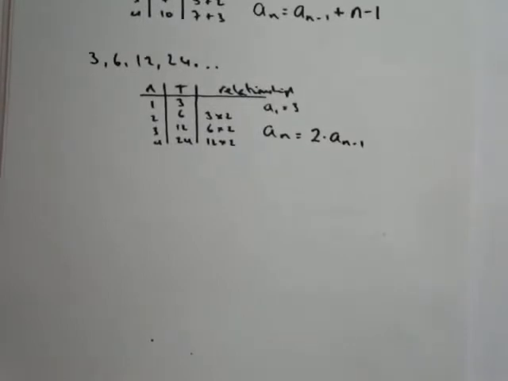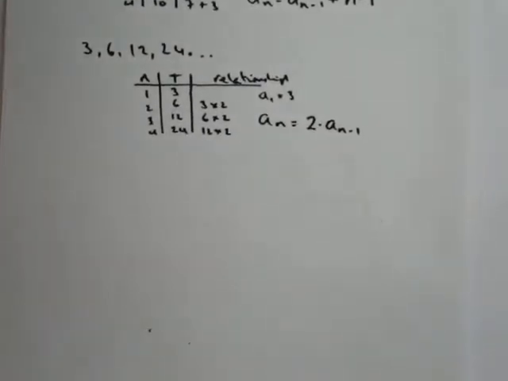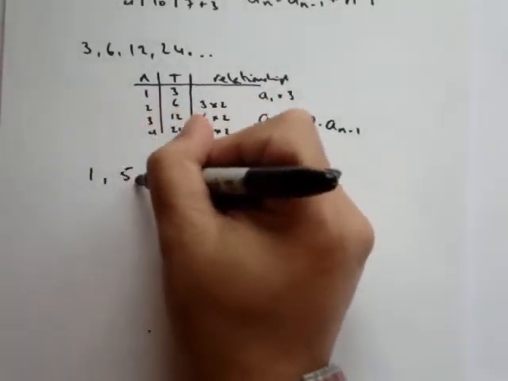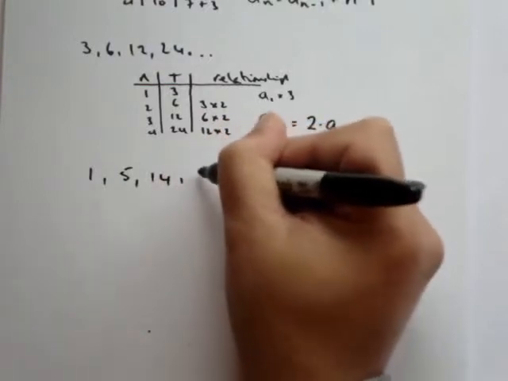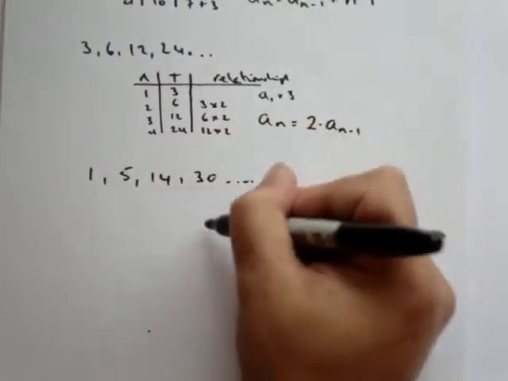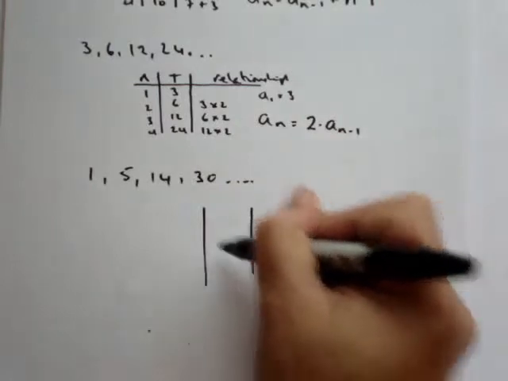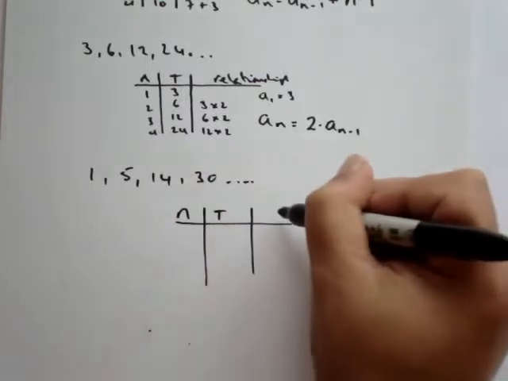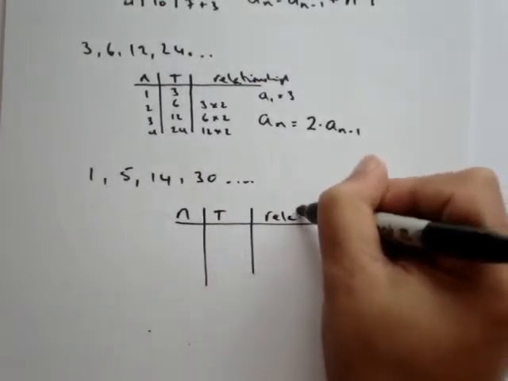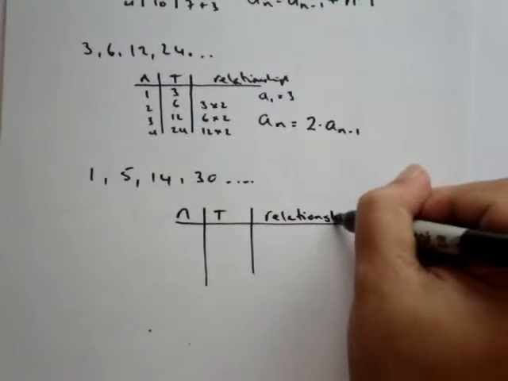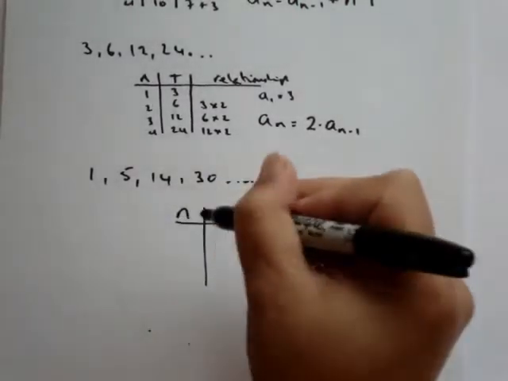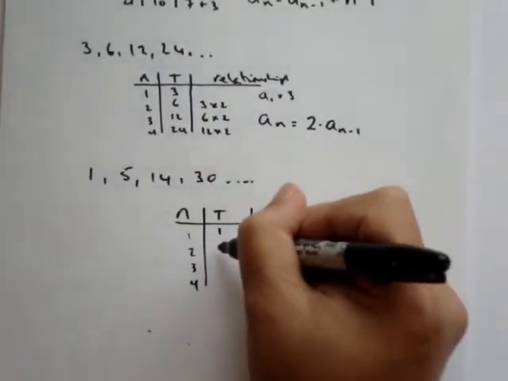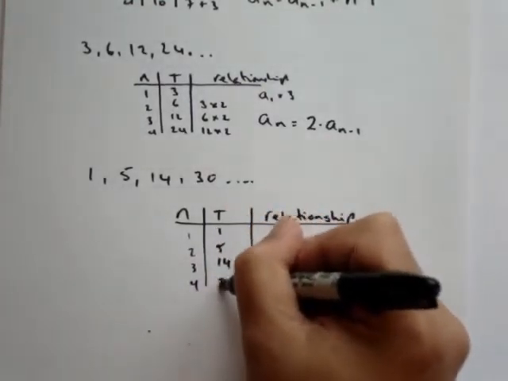Let's have a look at one slightly more difficult: 1, 5, 14, 30 and so on. Let's make a quick table: n, term and relationship to the previous term. So we have 1, 2, 3, 4 numbers. Terms are 1, 5, 14, 30.